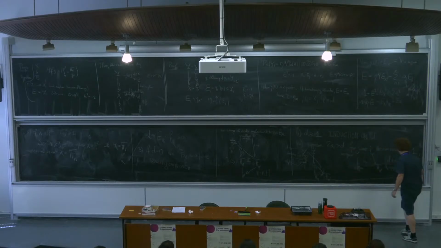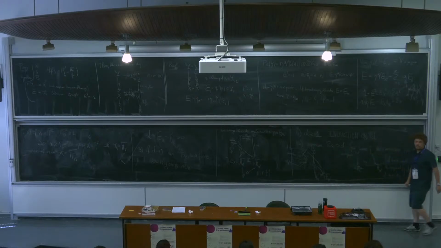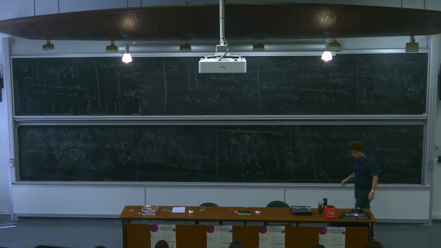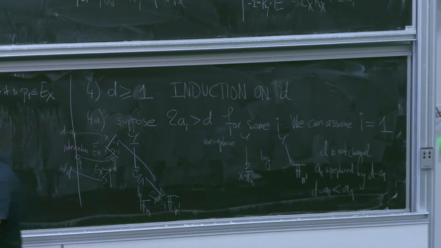Okay, and why is this important? Of course, because D minus A_1 is smaller than A_1, exactly because of this. So that's exactly why I chose this condition. In fact, what you do is say, okay, what could I do? If I have a point of multiplicity large, I blow up. When does it decrease? Assume that it decreases, I do it.